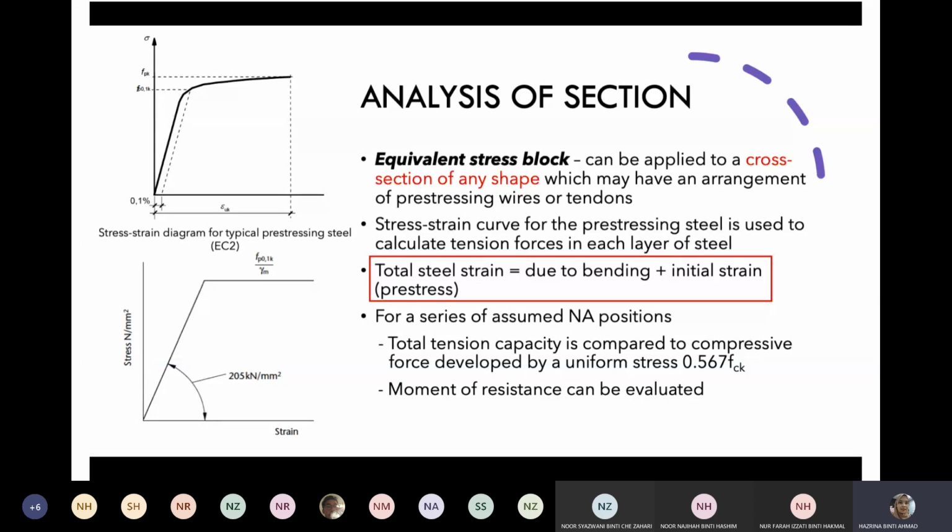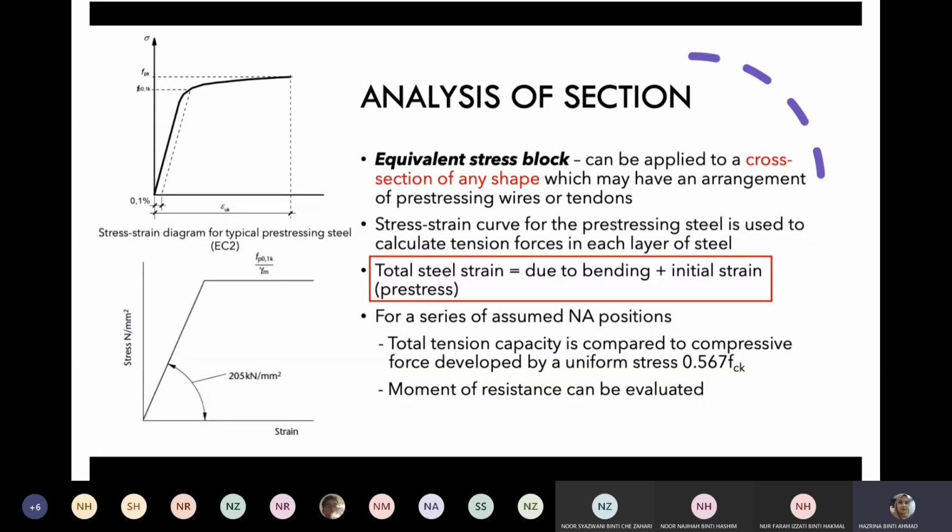It can be a flange section, or an L section. So we can use a similar equivalent stress block in order to analyze the section and determine the moment of resistance for our structure.